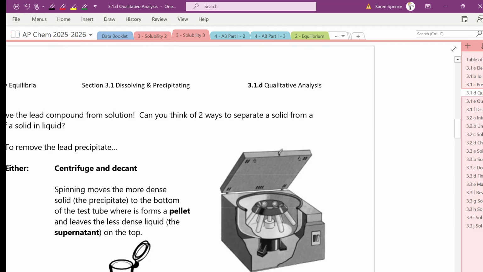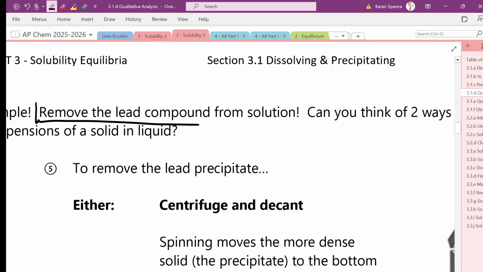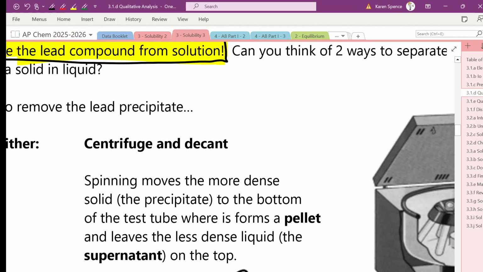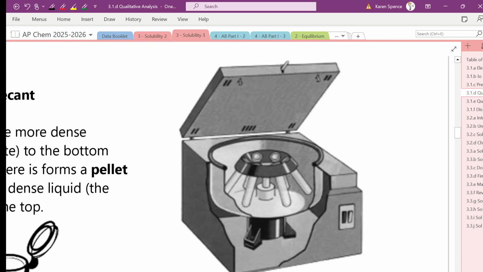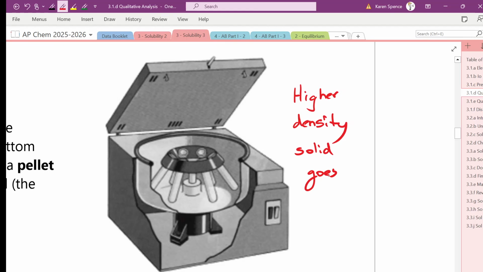Okay, so what we need to do is remove the lead compound from the solution, and we are going to do that by one of two methods. We are going to centrifuge, which is this machine here. We put that in, and the higher density solid goes to the bottom.